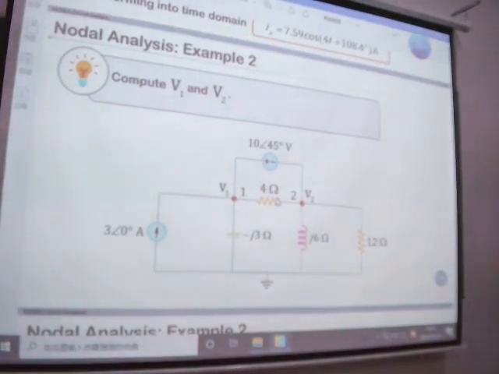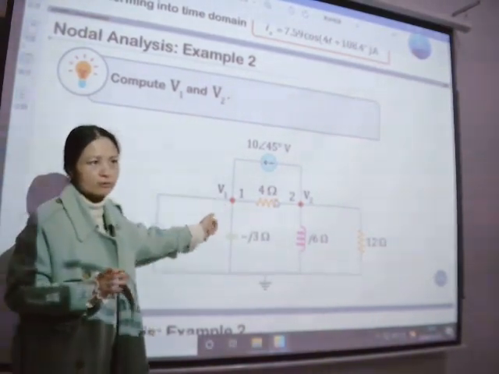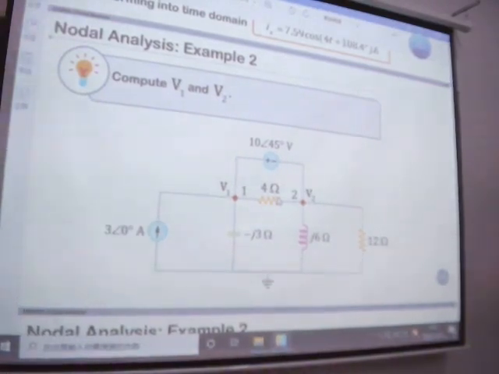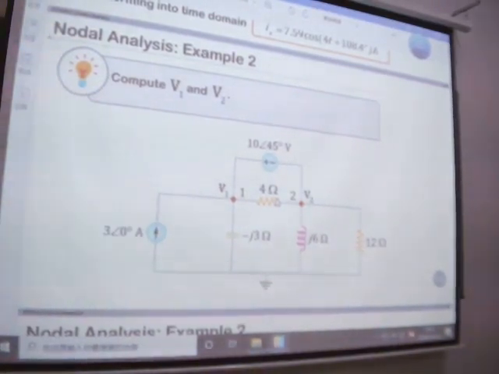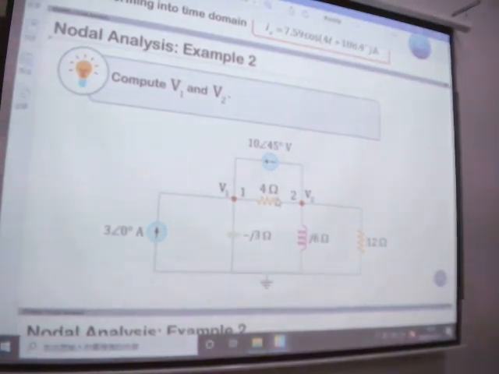Just use G and then change G to Y. For Y11, the G is the conductance connected to node 1. We can see for node 1 here, how many resistances are connected to it. We just have 4 ohm, so its conductance should be 1 over 4.